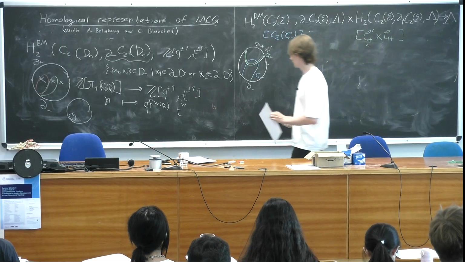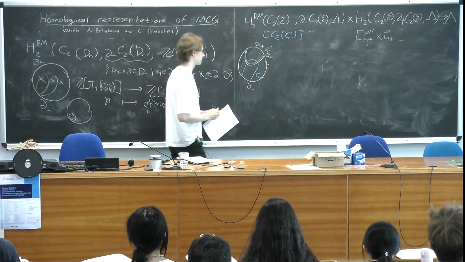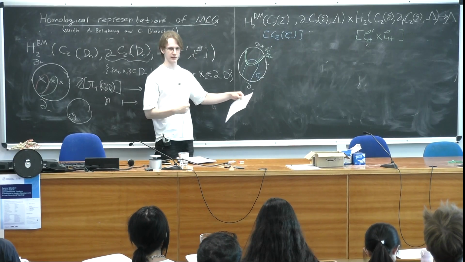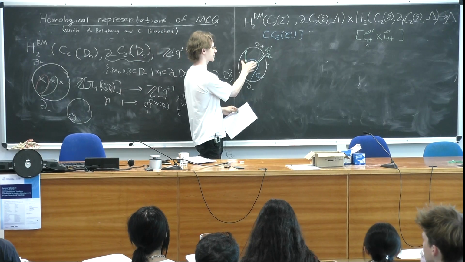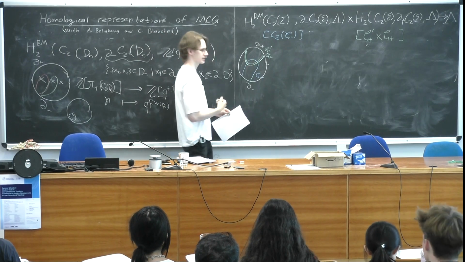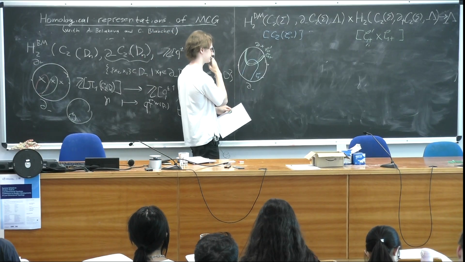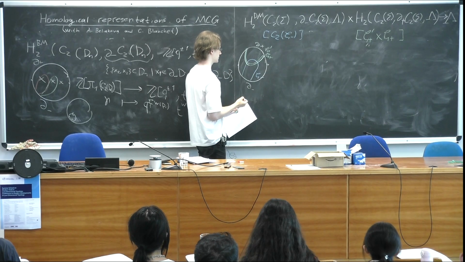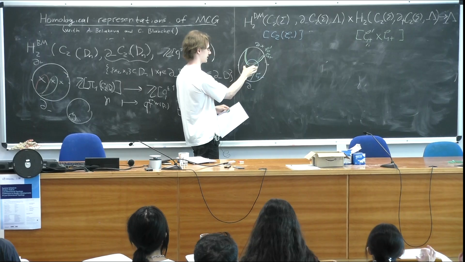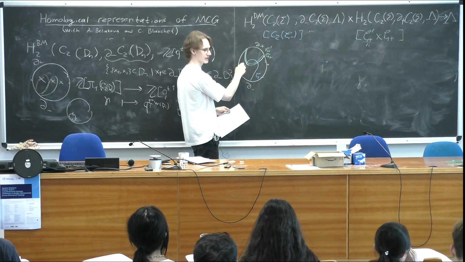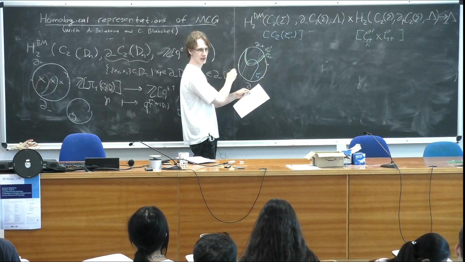And then this pairing says something about the intersection of these curves. Actually, the key lemma in the proof of faithfulness of this representation is that this algebraic intersection detects the geometric intersection, in the sense that the algebraic intersection is trivial if and only if there is an isotopy of one of these curves such that you can eliminate all the intersection points.